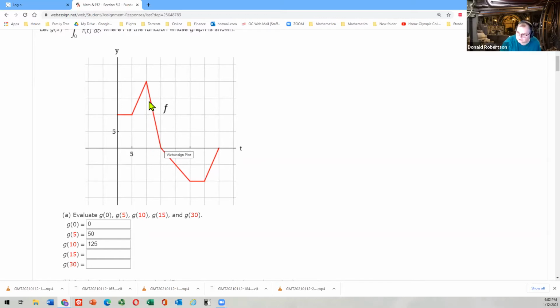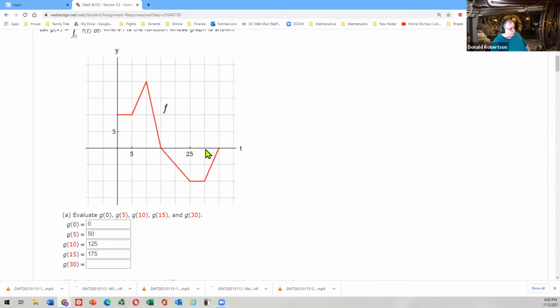So I don't need to reinvent the wheel. I can use previous answers to help me with this one. So what's this extra little bit that they've added on from 10 to 15 look like? Well, it's 5 units by 20. So half of 5 times 20 ends up being 50. So that ends up being 175.